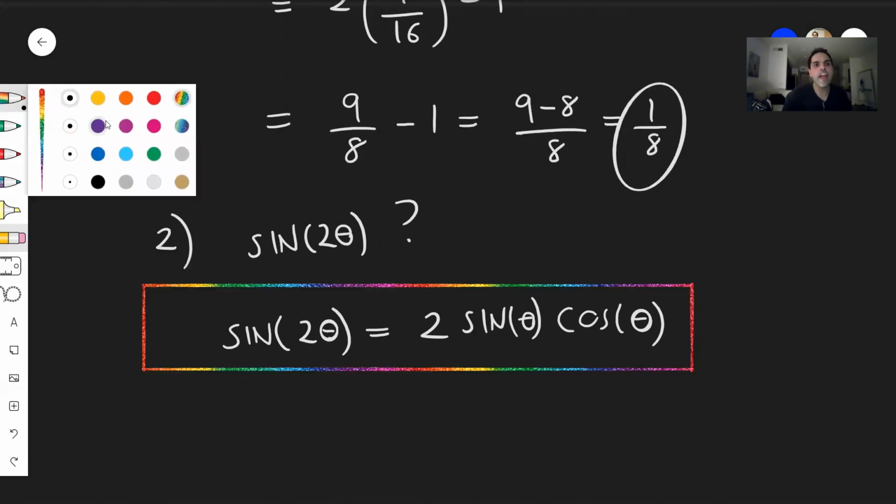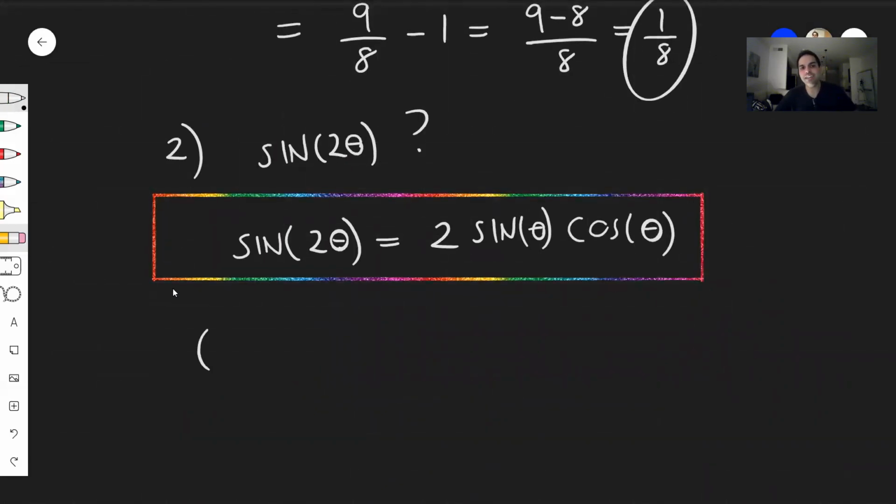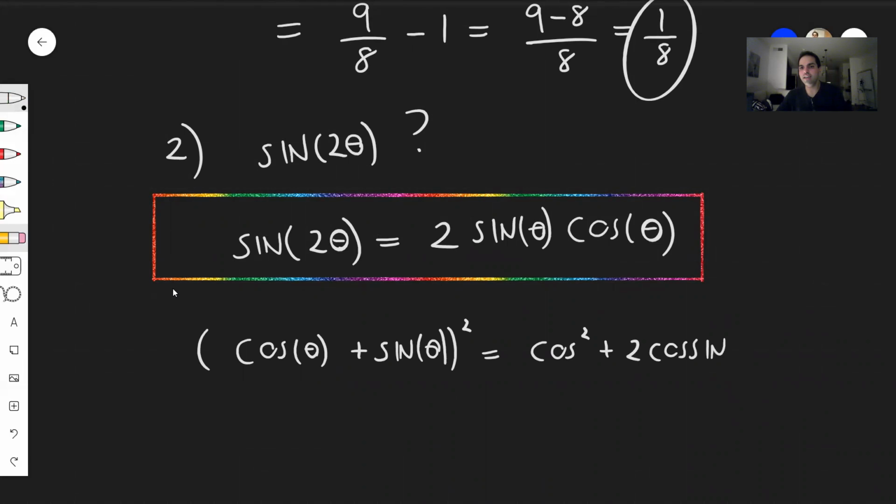The way I remember this is to think of expanding, let's say, cosine of theta plus sine of theta squared. That becomes cosine squared plus 2 times cosine times sine plus sine squared. This middle term is precisely sine of 2 theta. But again, it's just a mnemonic device.